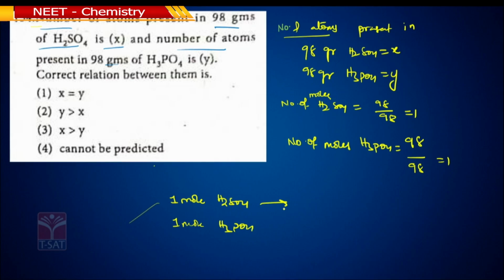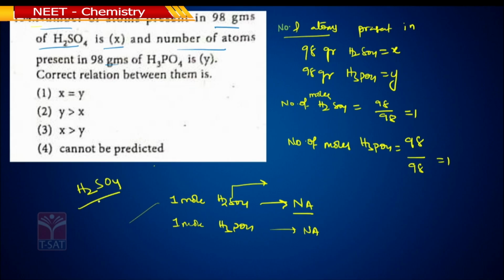You have 1 mole of H2SO4 and 1 mole of H3PO4. In 1 mole of H2SO4 how many molecules do you have? Avogadro number of molecules, 6.023 into 10 to the power of 23, Na. Here this is also Avogadro number of molecules. But 1 molecule of H2SO4 means 2 hydrogens, 1 sulfur, 4 oxygen.